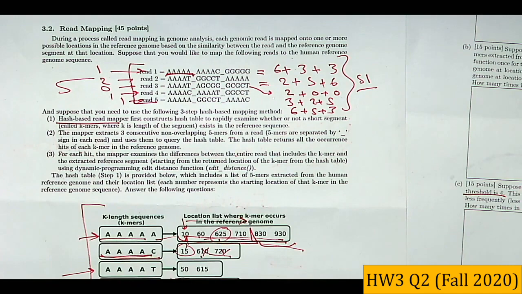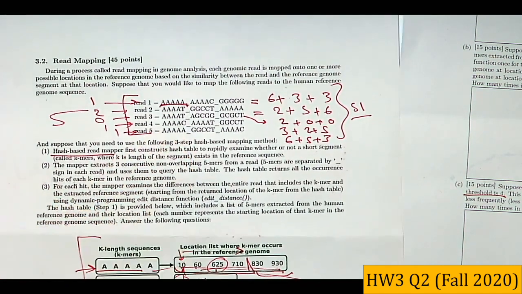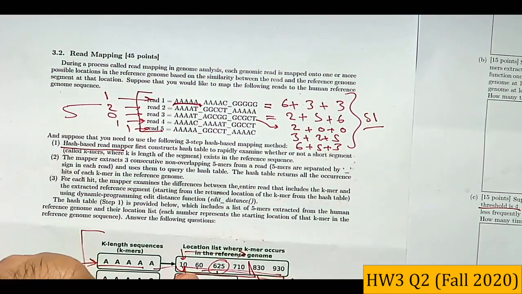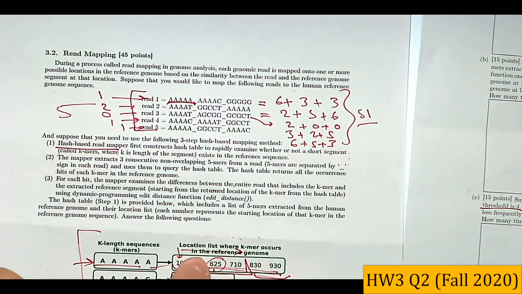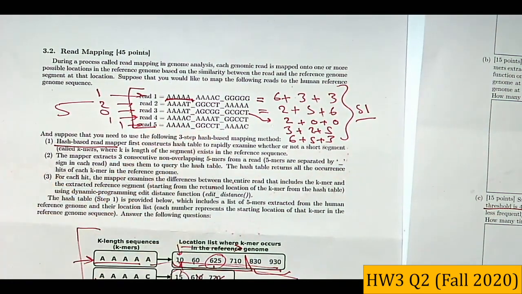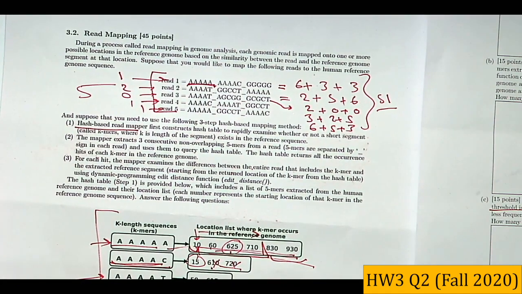You could do the same thing. Let's take, for example, the last one. You have 5 A's, 6 locations, the same thing applies here. It's up to you. You want to consider 6 locations, or no locations, or 4 of them only. But you cannot consider 6 because the threshold is 4. So the second K-mer is 2 Gs, 2 Cs, 1 T. You got 5 locations.